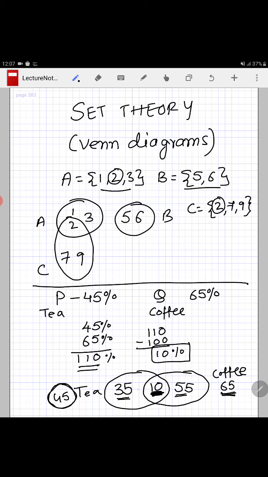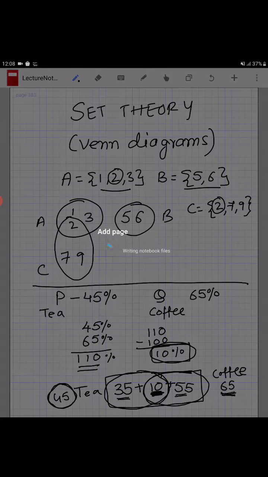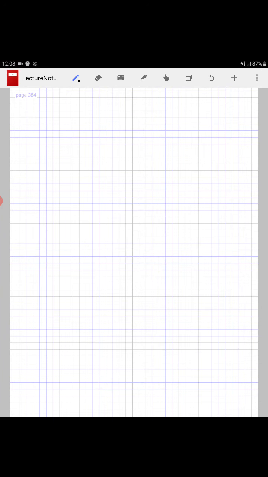If we add all these numbers, 35 plus 10 is 45, 45 plus 55 is 100. So all 100% of the population is counted for. So whatever is in excess of 100% is the area which is common to both the people, right? So this is the basic concept of set theory. Now, there are certain basic formulas which you can understand here.